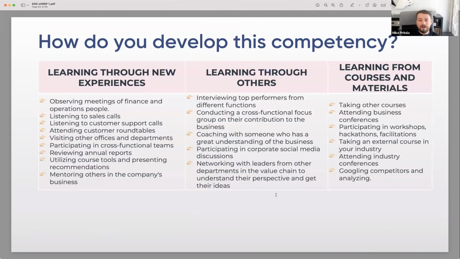So we were talking about the business acumen competency. At the end of this discussion, I am giving you a set of ideas on how you may learn this competency through new experiences, how you may learn it from others, and what you can learn from courses and materials. This is a set of development activities that you may want to include in your personal development plan.